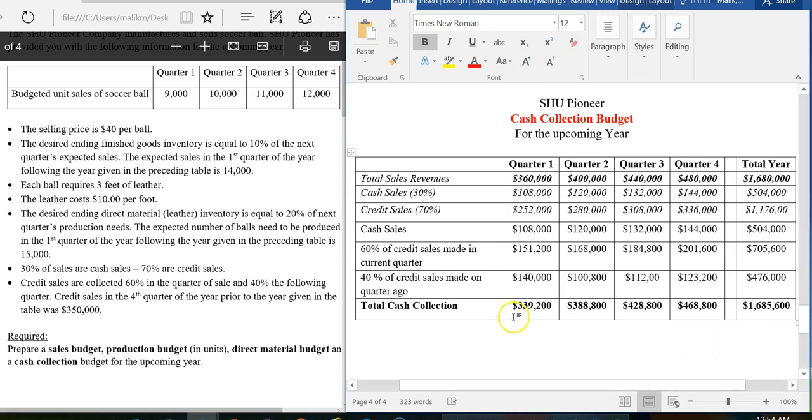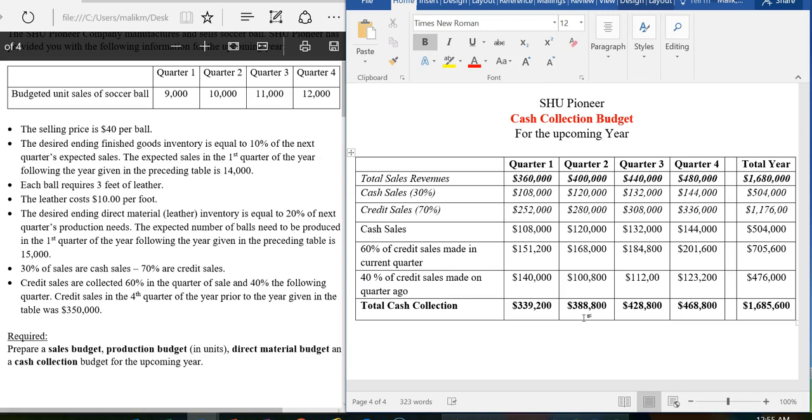1,685,600. Now let's recheck it by adding all these numbers: 339,200, 388,800, and I'm actually doing it. Please do it with me. And of course, during your exam, you will double check it both ways.